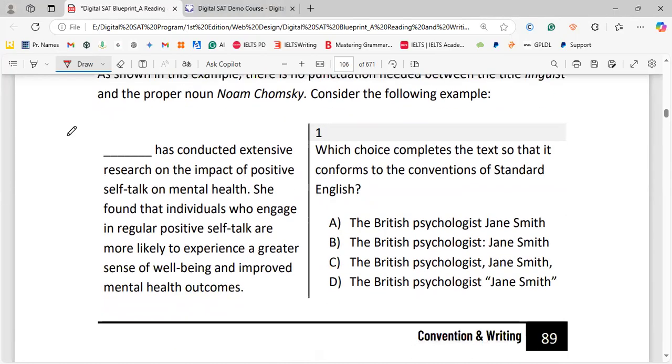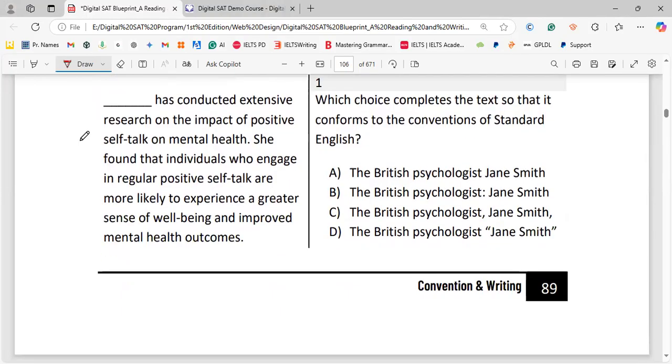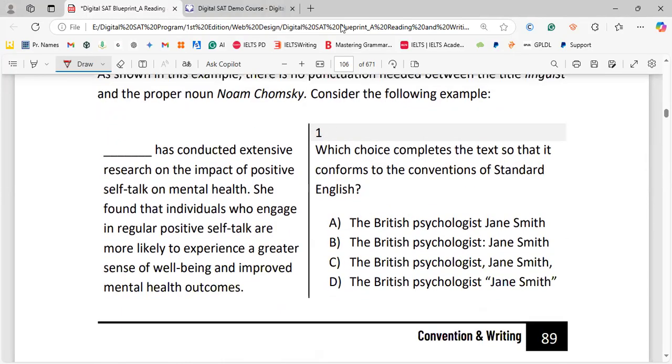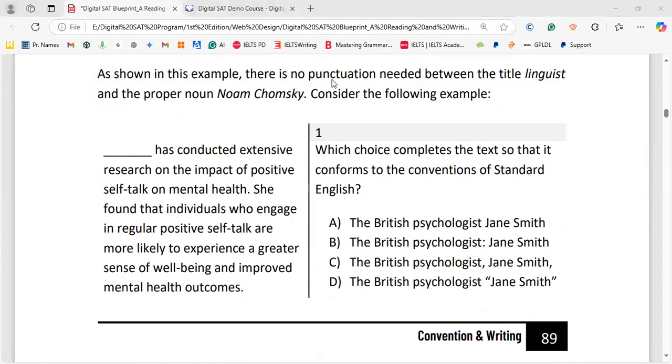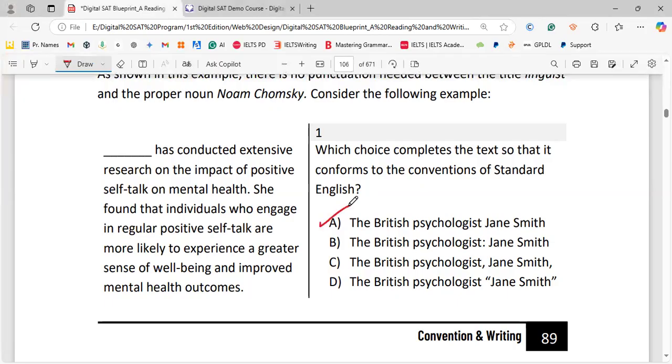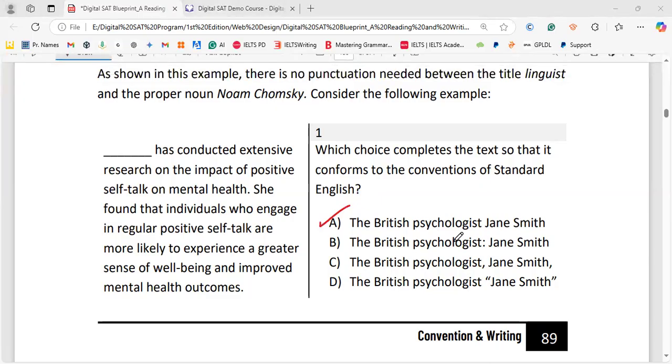This is a question. Now go on, please. You have a minute. Thank you. The British psychologist Jane Smith. Exactly.